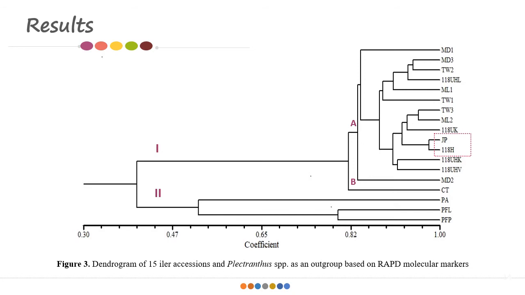GP accession and 118H share the closest genetic relationship with a 97.87% genetic similarity index. Cluster 1 did not reveal grouping of the 15 accessions based on origin of sample location. It was possible that the grouping was based on morphological characters such as shape and color of leaves.